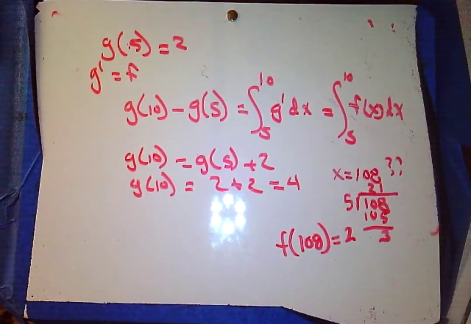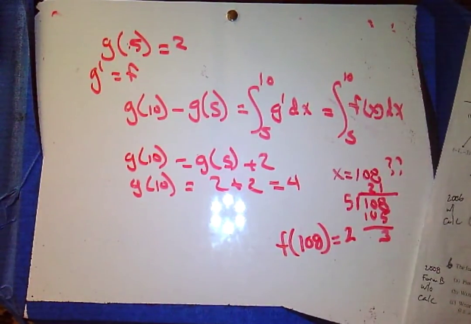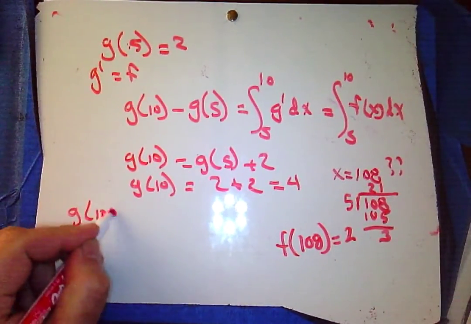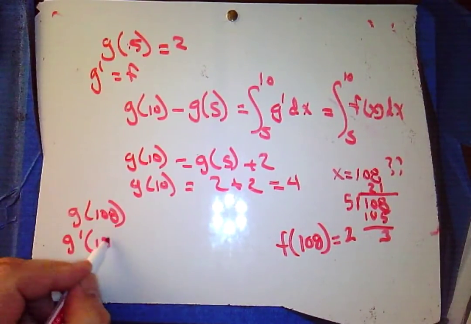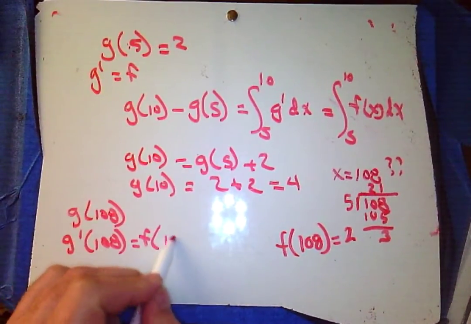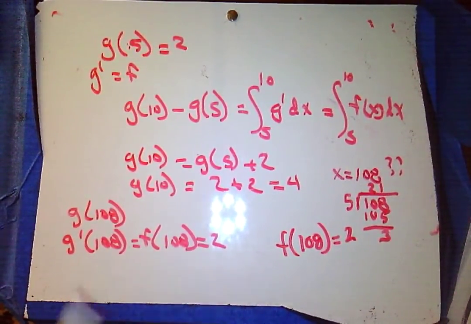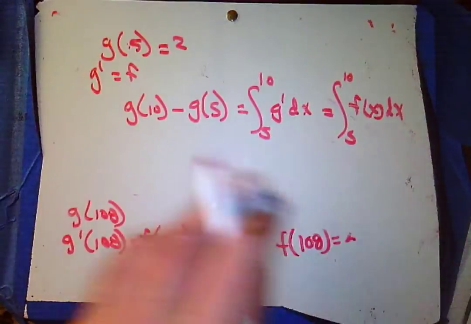All right, now, in order to write the equation of the tangent line to g, I need g of 108, and I need g prime of 108. Well, luckily, g prime of 108 is the same as f of 108, and we figured out that that was 2. So the only thing we need to find is g of 108. All right, well, let's figure out g of 108.